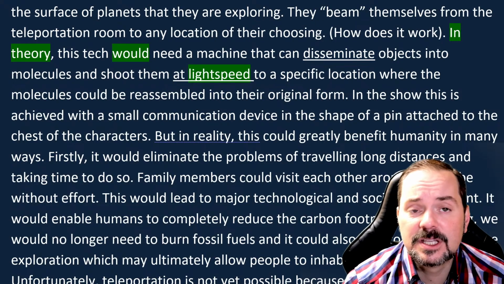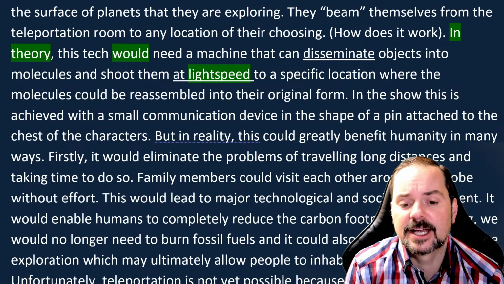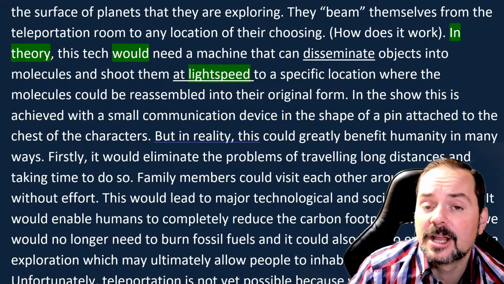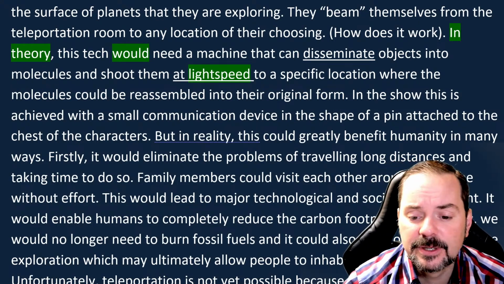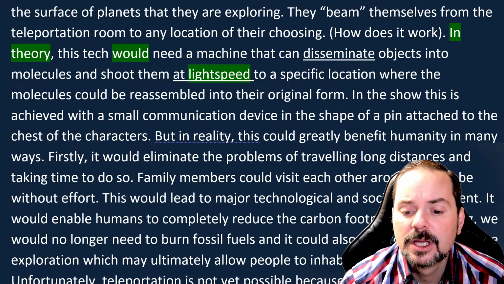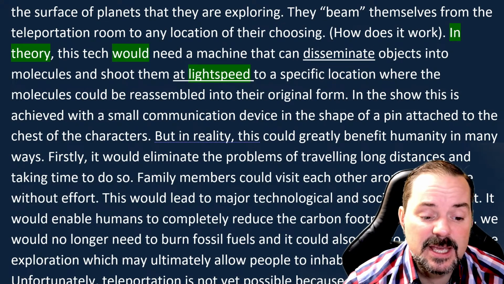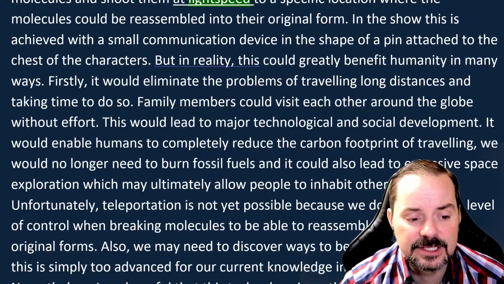Family members could visit each other around the world without effort. This would lead to major technological and social development. It would enable humans to completely eliminate the carbon footprint of traveling. We would no longer need to burn fossil fuels. It would also lead to extensive space exploration, which could allow people to inhabit other planets.